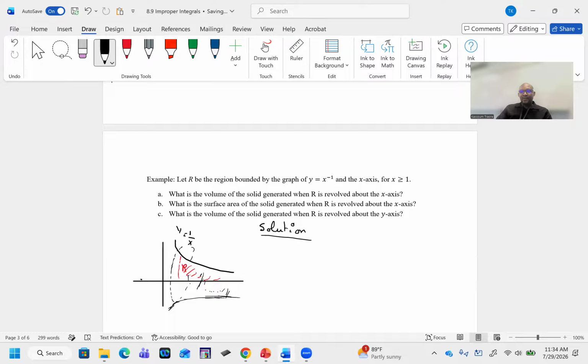Okay. So the region R and the corresponding solid of revolution are this one. Again, it said x has to be greater than or equal to 1.